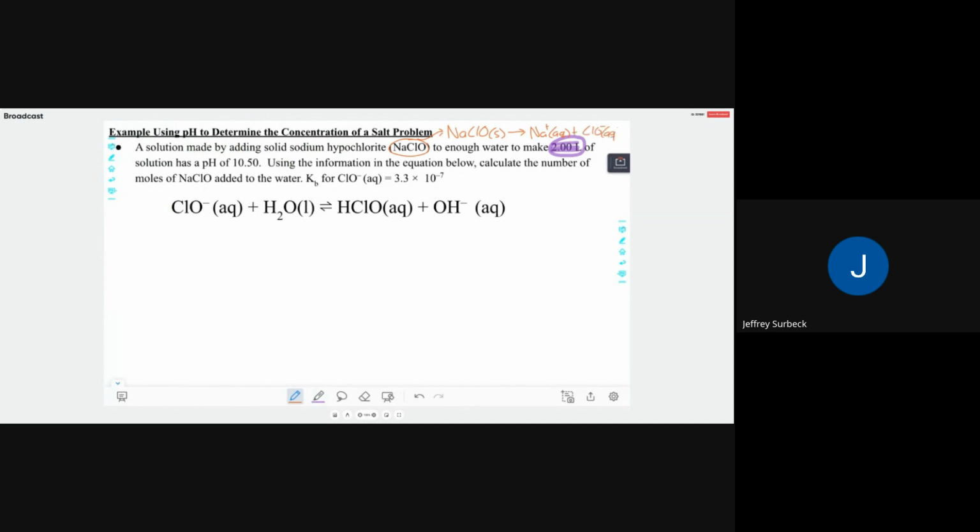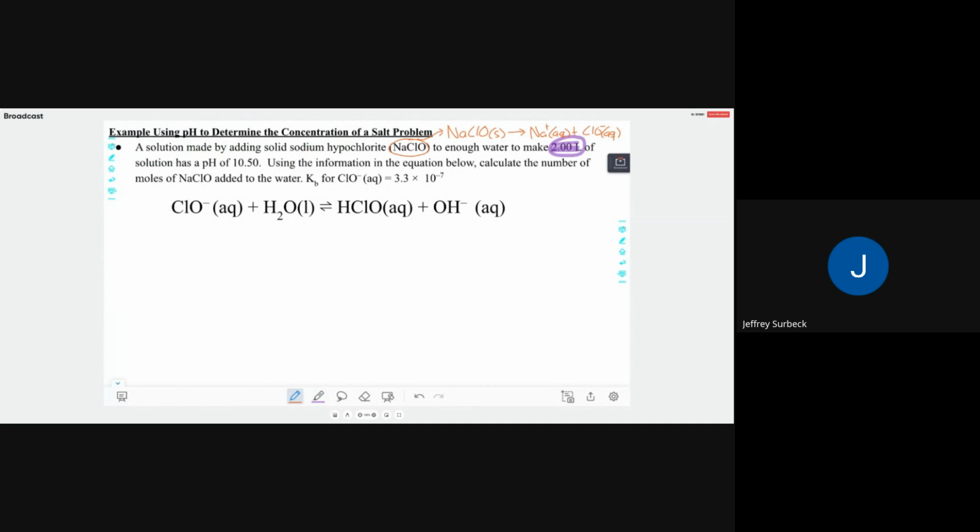So my point is that the ClO-, where we're getting it from in this equation, is from when we dissolve this whole NaClO in water. It is separating, and that's where we're getting our starting base to go through our acid-base part here.